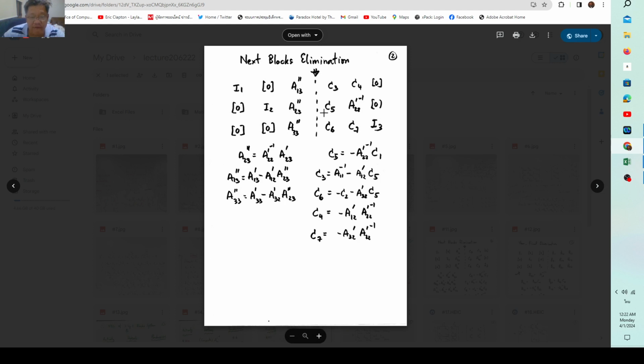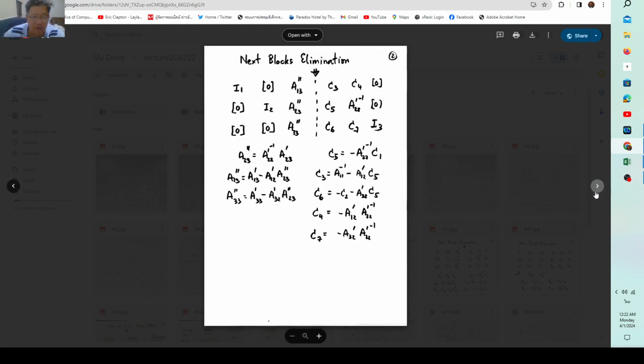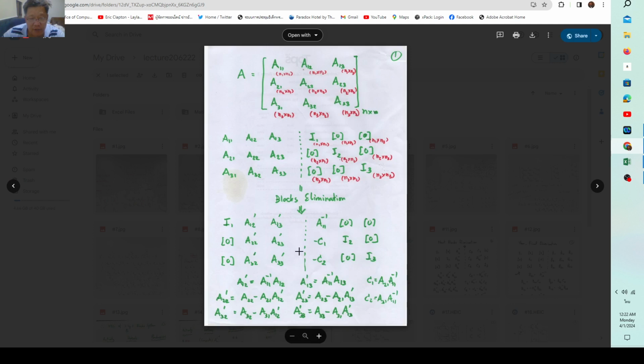And C5, okay, instead of this one I need to add the minus sign. I want to eliminate all the minus signs so as not to confuse me, so I add the minus sign immediately over here. So C5 becomes A22 inverse, okay, multiplied by the original value, which is C sub 1. C sub 1 is over here, right?